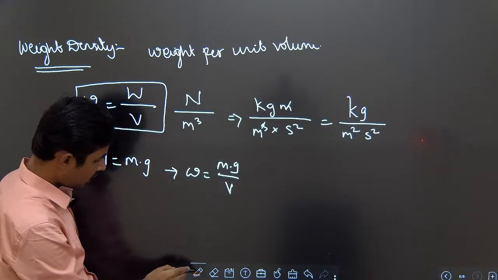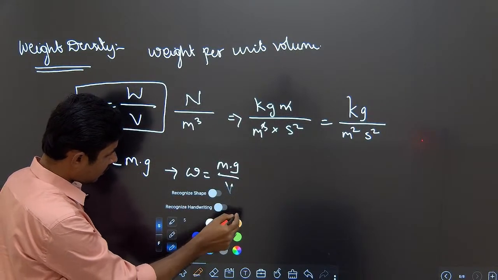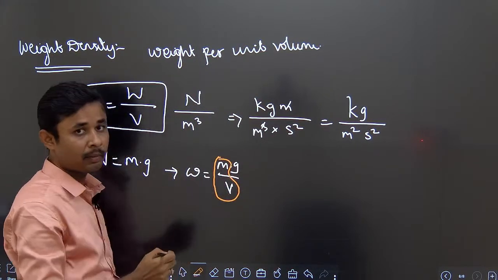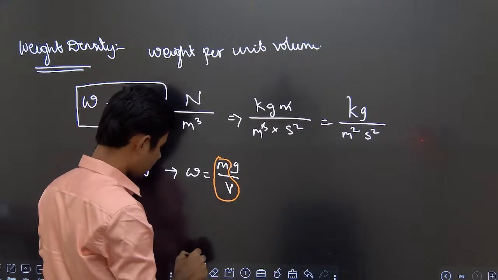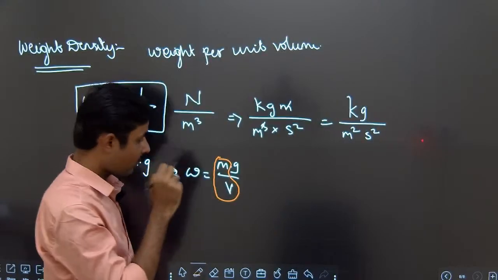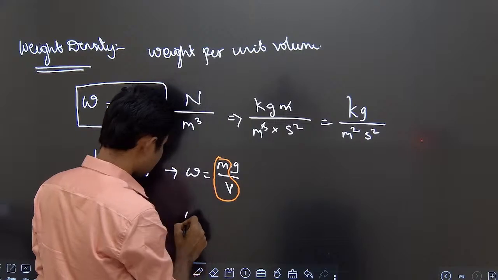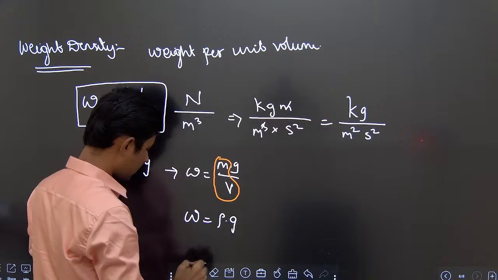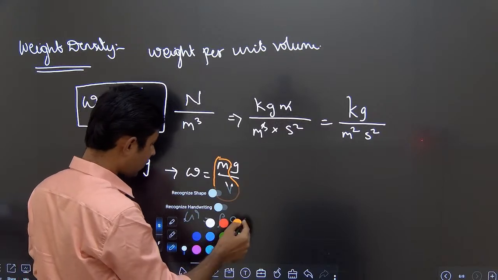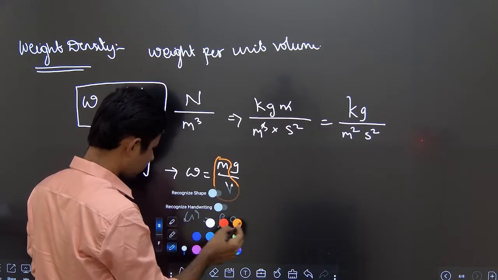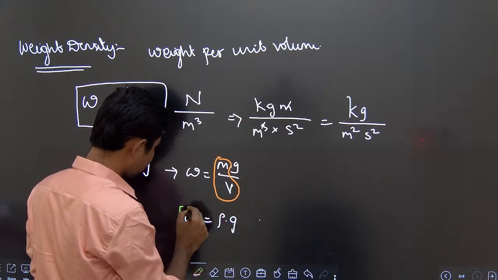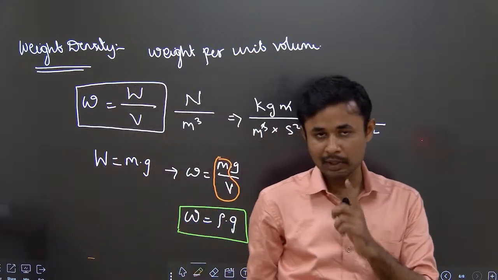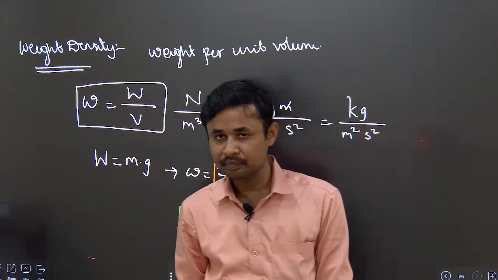Now you can notice m by v, which we have just studied, is density. So specific weight is equal to density into gravity. These are the two important properties of the fluid.